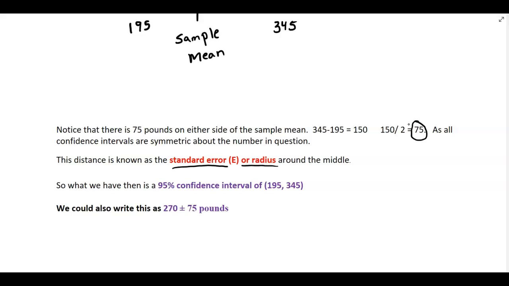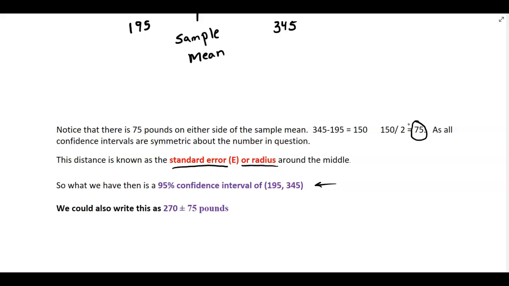So what I can say here is that I am 95% confident that the true mean of all football players in the United States will lie somewhere between 195 and 345. This is the way we normally write confidence intervals, inside parentheses with a comma between them. Another way to write this is to just give what we think the mean is, and then plus or minus 75 pounds.